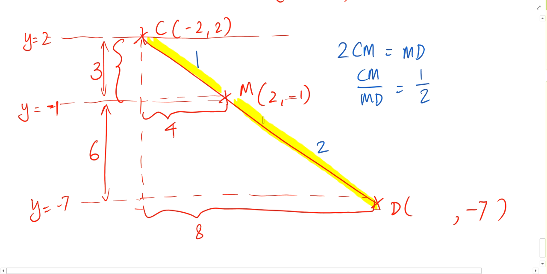But from CM to CD, it will be 1:3. Okay, for the small triangle to big triangle is 1:3. So if this is 4 units, then this must be 3 times 4 equals to 12. Why is this 6? Because, okay, so you get it already. Now, what will the x coordinate then be? 10. So 10, -7. This will be our answer mark.